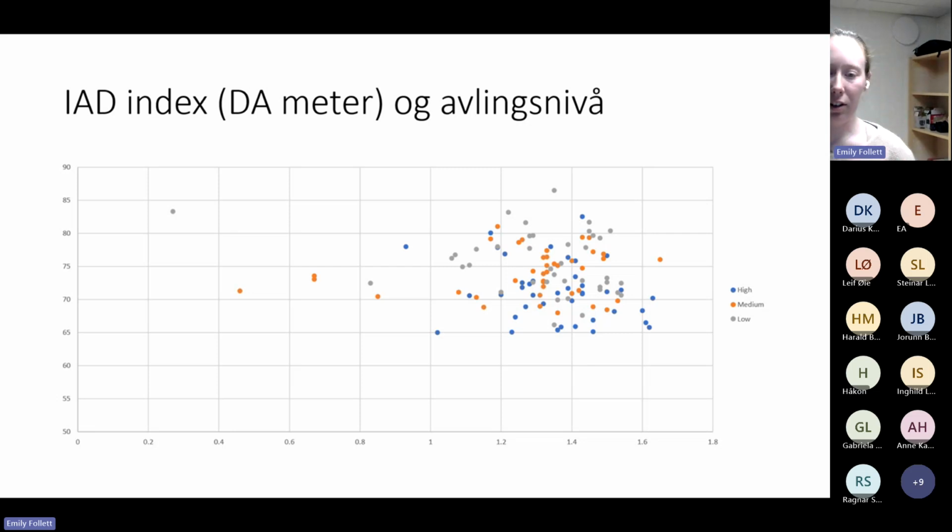But here is some data that we got at harvest for the 3 different crop load levels. On the x-axis is the IAD index from the DA meter, which is a measure of chlorophyll in the fruit. So a higher index or higher number means the fruit is less ripe than a lower number.